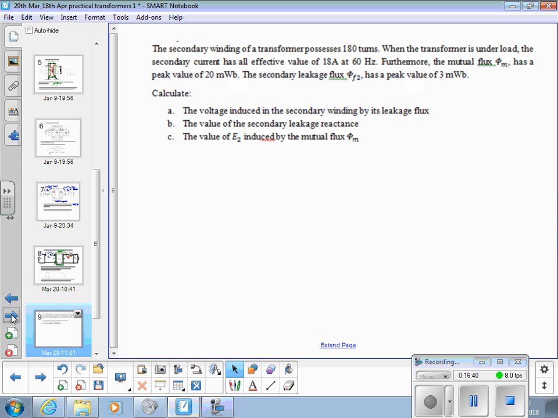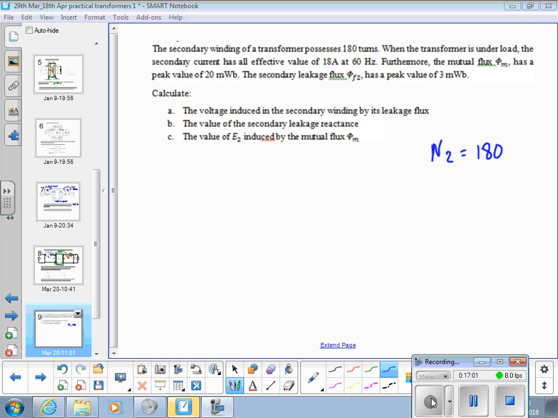So what we'll do is have a look at an example problem. I find my secondary winding transformer has 180 turns. Let's start to write this down. So N2 equals 180.